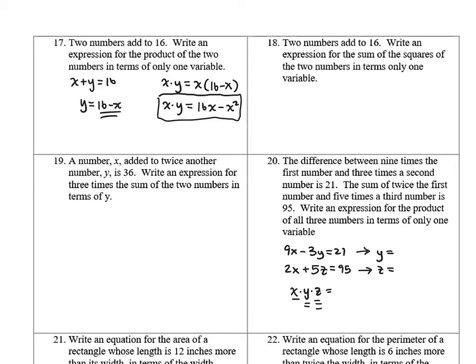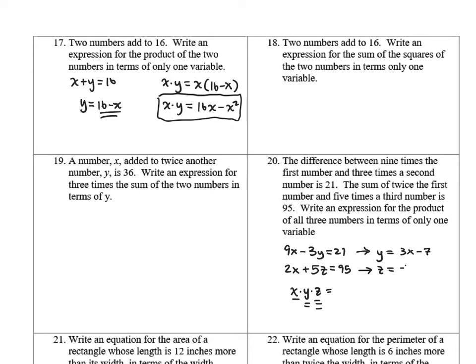So for the first, if I subtract 9x and I divide by negative 3, I will get 3x, I think that would be minus 7. Okay, and in the second expression, I would subtract 2x and divide by 5.